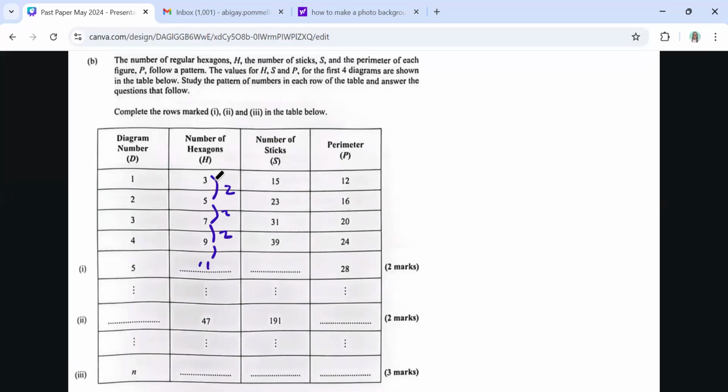The same thing here. If we add 2, what is 15 out of 23? We subtract 15 from 23, and that is 8. So that means I am going to add 8 coming down. Good. So 8 plus 39 is 47.